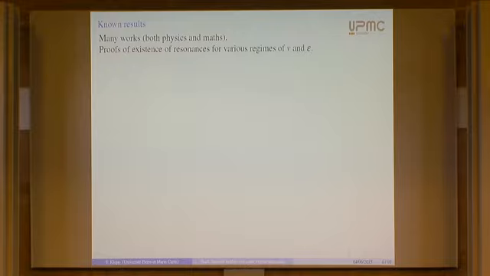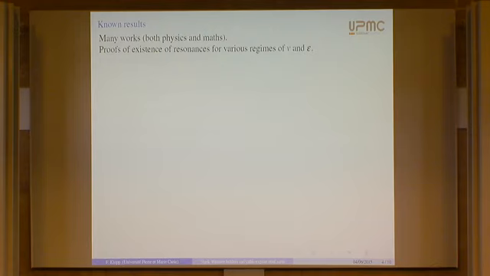What people were able to prove from a mathematical point of view is that in various regimes of V, what I mean with regimes is V large, or it can also have to do with the regularity of V, which is an important parameter. And for epsilon, epsilon small is one of the favored regimes that were studied.